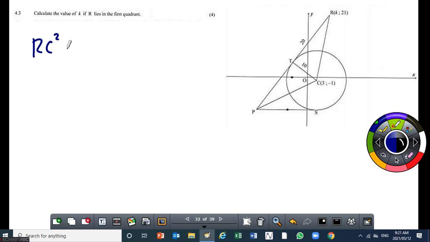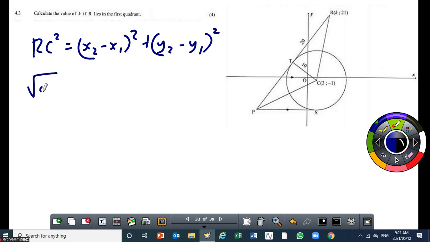So I'll say RC squared is equal to x2 minus x1 squared plus y2 minus y1 squared. I know RC here is the square root of 500. If I square that, I'm going to consider point C as my x2 and y2.